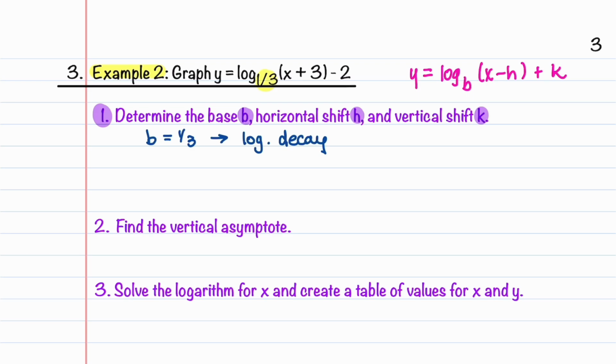We're going to take whatever is in our log, which in this case is x plus 3, and set it equal to 0. This gives us x is minus 3. So that tells us that our horizontal shift h is equal to minus 3, and that means that our graph is going to shift left by 3 units.